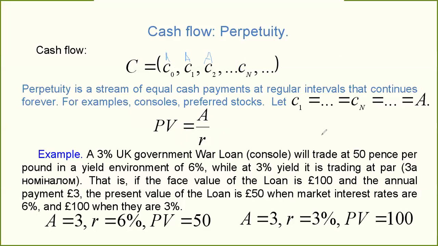Do you understand what the problem is? So we would like to have this string of payments, and we need to find out what the initial investment is, what the present value is.